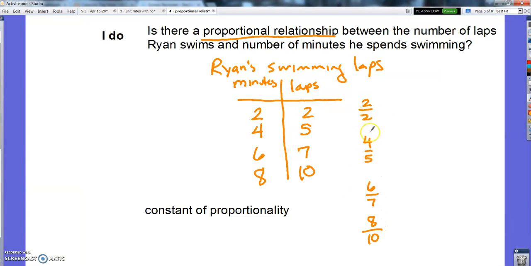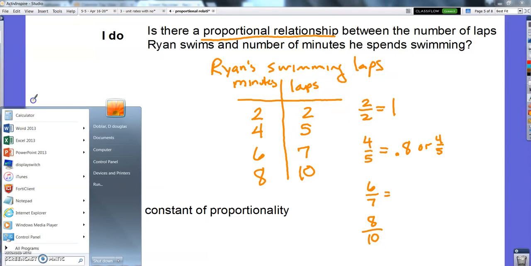And here it looks like they are not, because this has a ratio of 1 lap per minute. This has a ratio of less than 1. This is either going to be 8/10, or you could just say 4/5. So that's less than 1 lap per minute. This one I don't remember off the top of my head, that decimal.